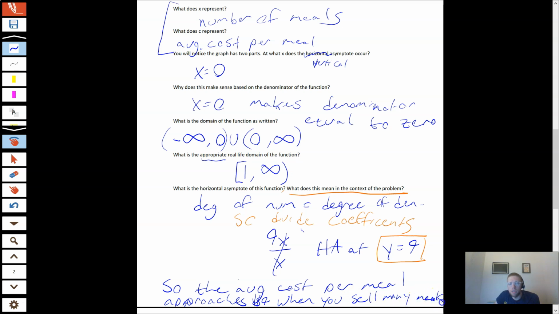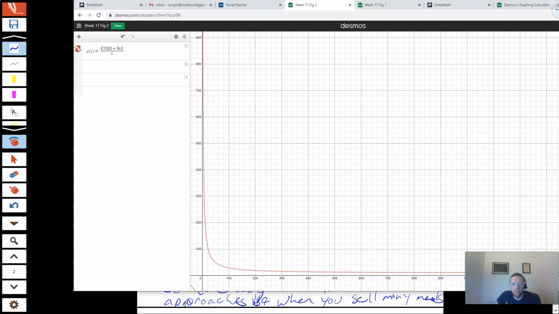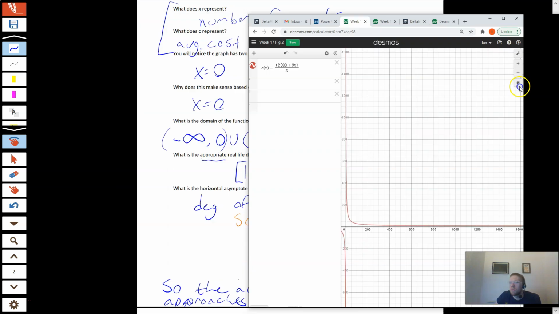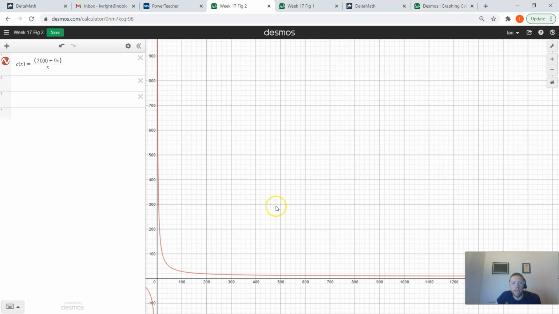So remember, we talked about end behavior, right? That's what a horizontal asymptote is. So if we want to talk about average cost per meal, when I put the graph in front of you, what we're saying, right, is that as this graph approaches a large number of meals, as the number of meals gets larger and larger, so in other words, as your restaurant is in business longer and longer, right?